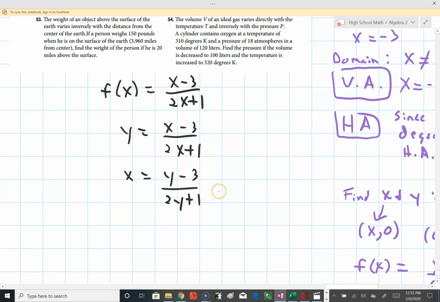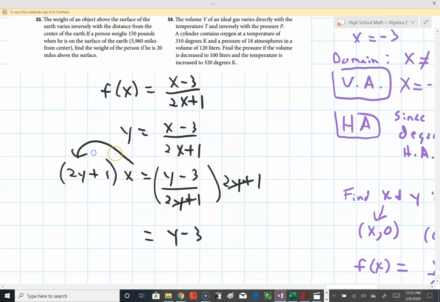Now we're going to solve for y. When the variable you're solving for is in the denominator, simply multiply by that denominator on both sides, multiplying by 2y plus 1 on the left and the right. This cancels on the right-hand side, leaving y minus 3. On the left-hand side, distributing the x, we have 2xy.